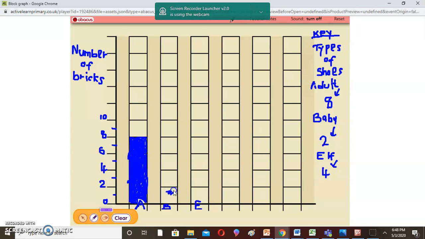So you color it like that, to represent 2. That's our 2.